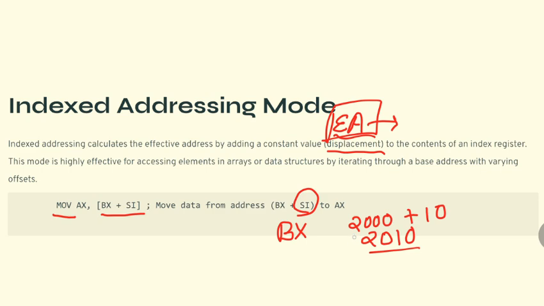At the address 2010, whatever operand is available, I transfer to register A. So that is index addressing mode, where the index register contains the displacement, which is added to the other value, and that's how we calculate the effective address.